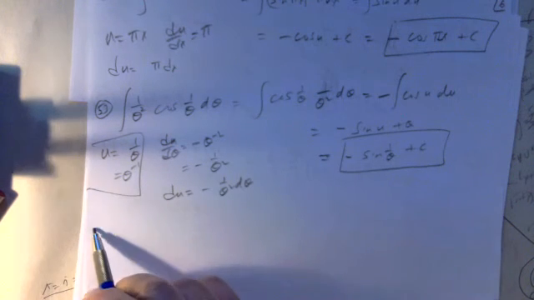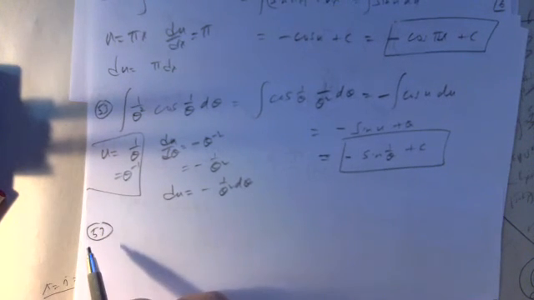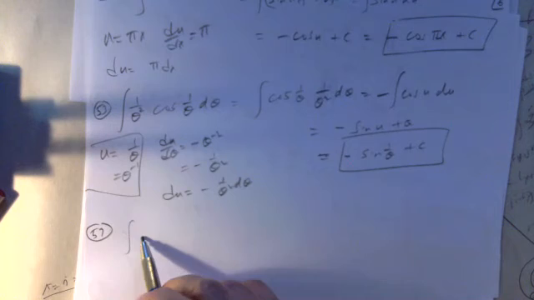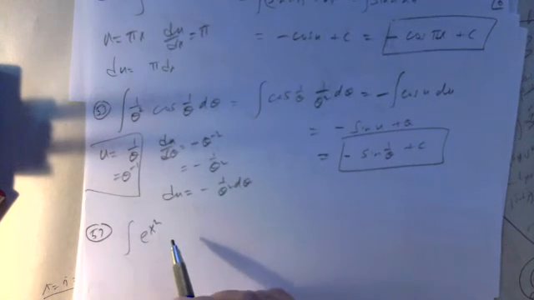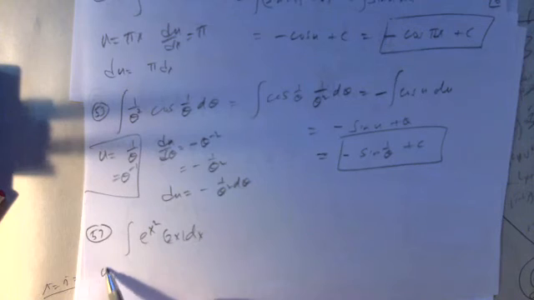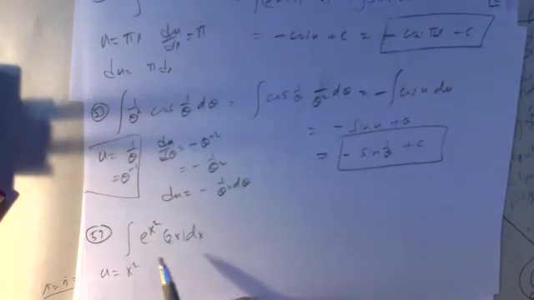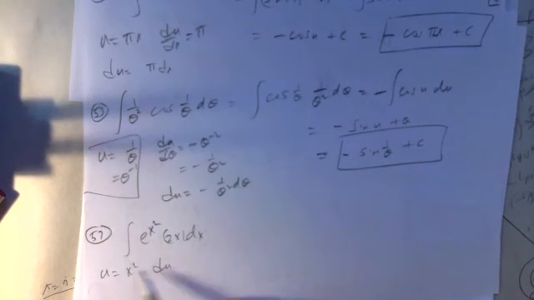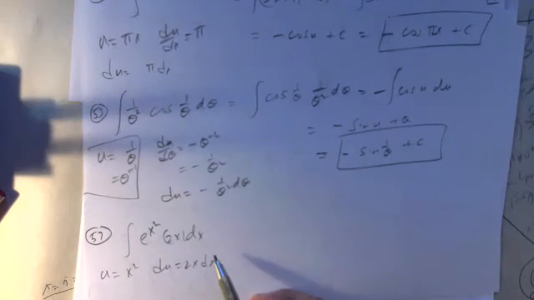Let's look at 57. We have the integral of e to the x squared times 2x dx. And now they're really giving it away, because if you let u equal x squared, the derivative of x squared is 2x. So du is 2x dx.